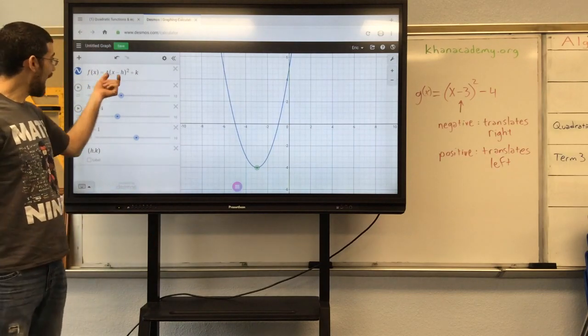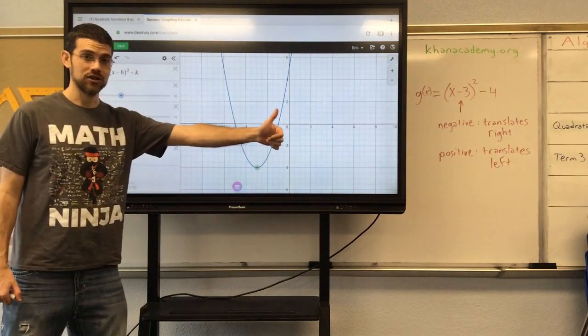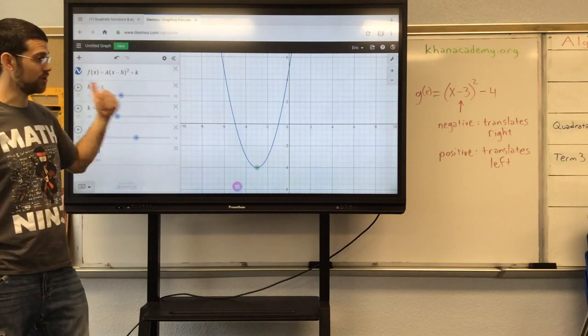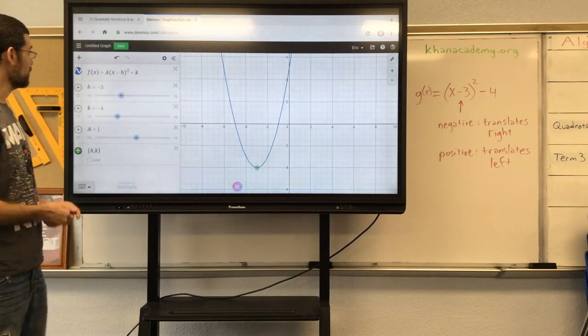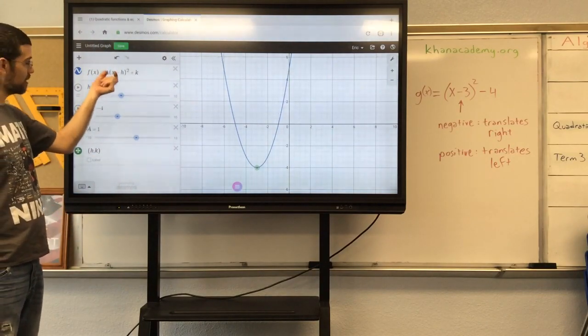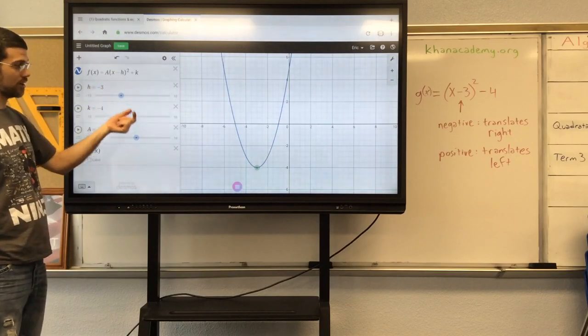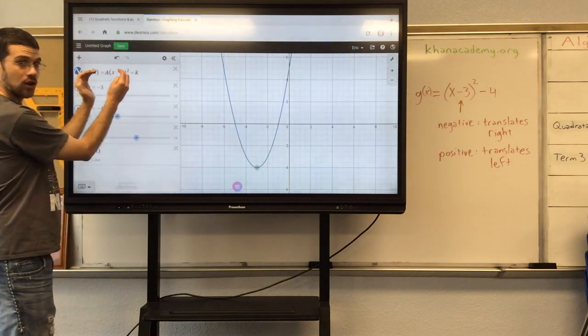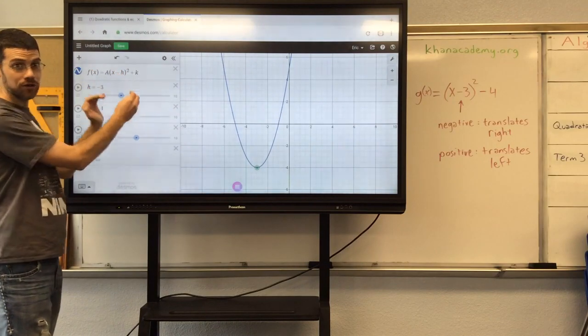If you add inside the parentheses, you're actually shifting left, and if you subtract in the parentheses, you're shifting right. That's because you need the opposite value inside the parentheses for your constant as the x that it takes to make a sum of 0.